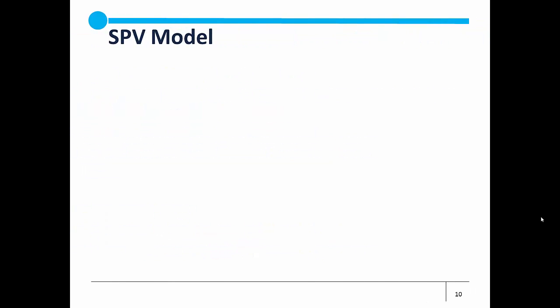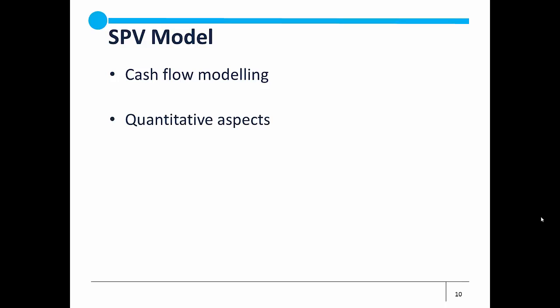Modeling these SPVs can be fairly simple, but it can be fairly complicated, and I'll go through one of these modeling approaches, which falls somewhere halfway in between being very simple and being very complicated. So we'll start by describing the cash flow modeling that comes into such an SPV model.